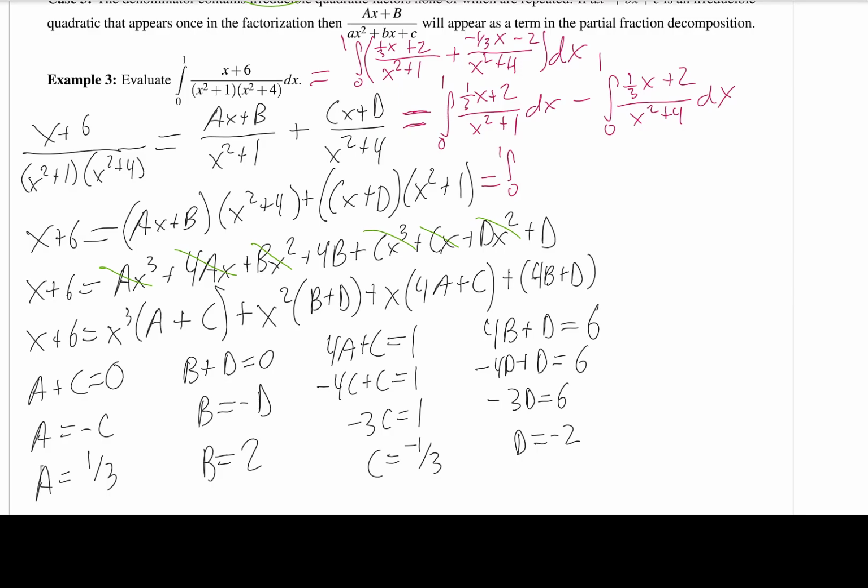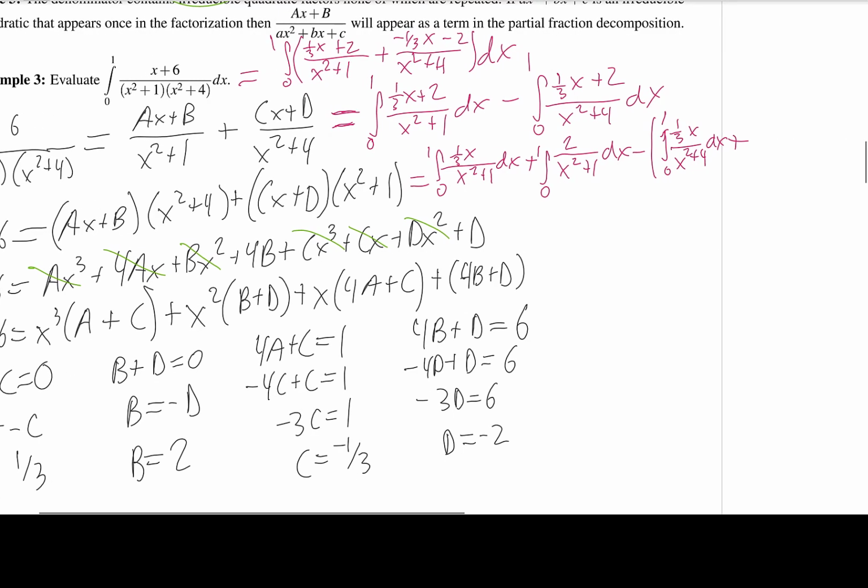So we get the integral from 0 to 1 of 1/3 x over x squared plus 1 dx, plus the integral from 0 to 1 of 2 over x squared plus 1 dx, minus the integral from 0 to 1 of 1/3 x over x squared plus 4 dx, plus the integral from 0 to 1 of 2 over x squared plus 4 dx.